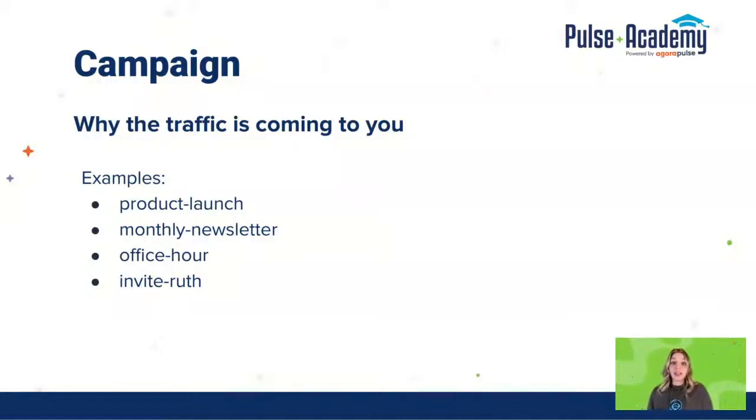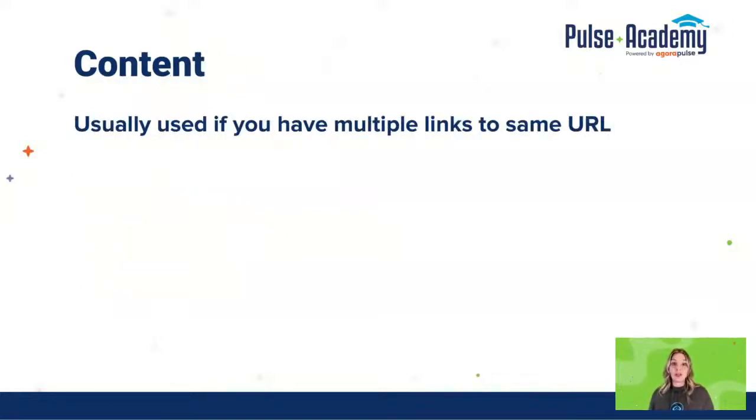Okay. So as a recap, UTM codes are the things at the end of a URL, question mark, and after that you're defining where traffic is coming from, how that traffic is getting to you, why they're coming to you, and a couple of optional things that you can also define in a UTM code would be content.